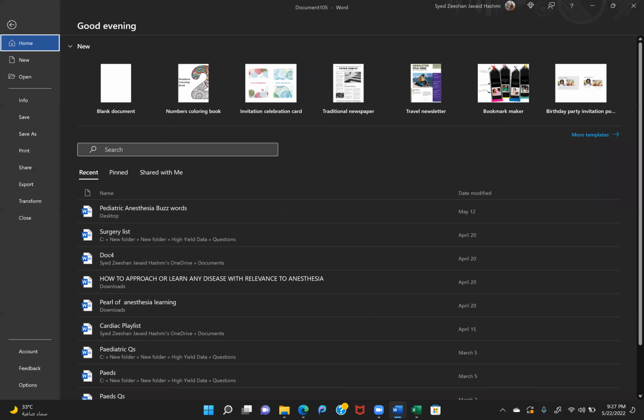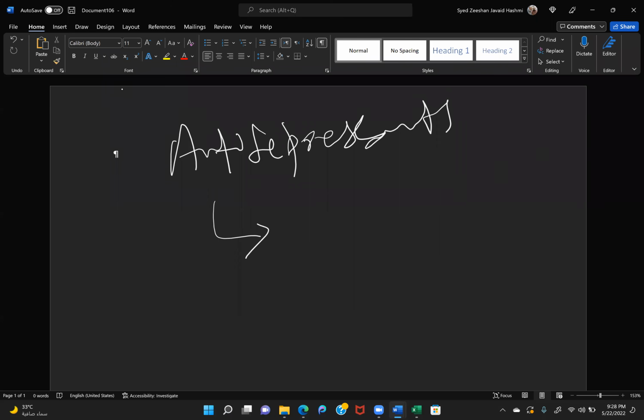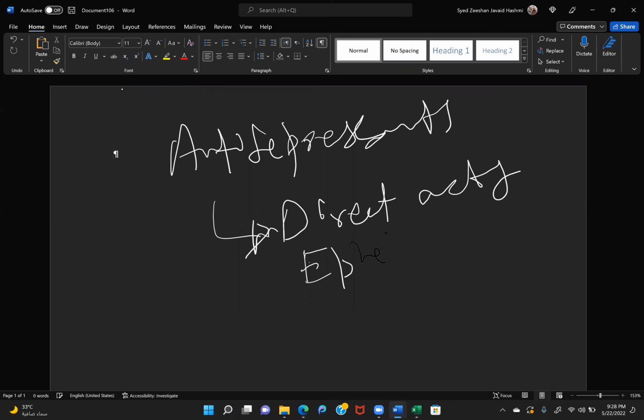If you have a patient on different medication, if you have a patient on antidepressants, what are the considerations? You should be avoiding indirect acting drugs like ephedrine. Why?